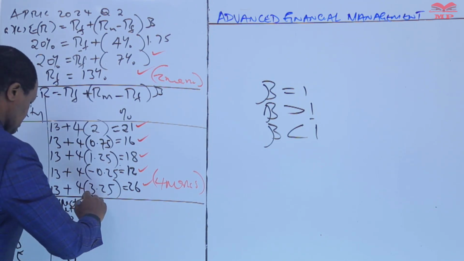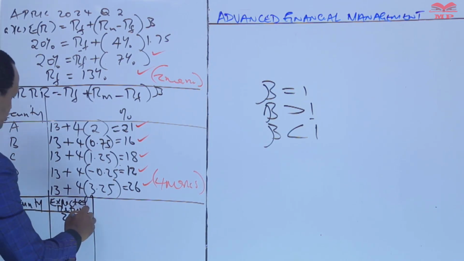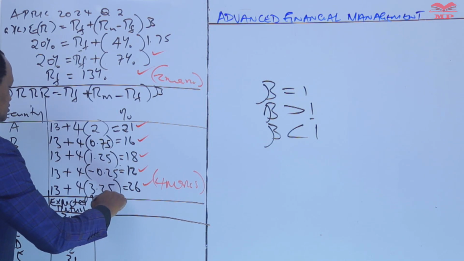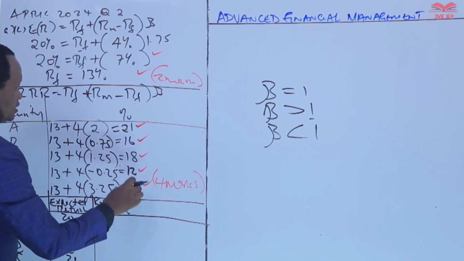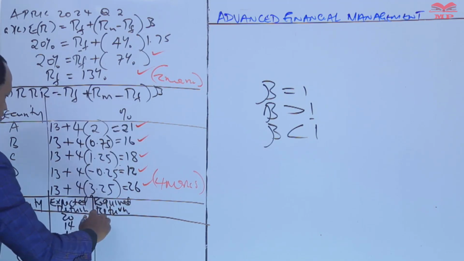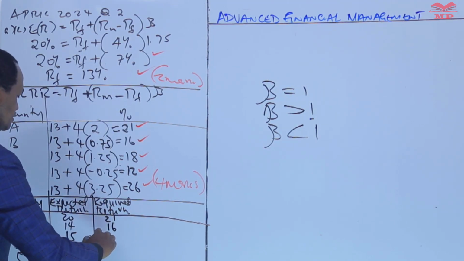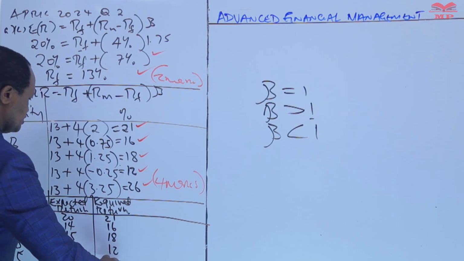This you are going to compare with the required rate of return that we've determined here. It's 21, 16, 18, 12, and 26.